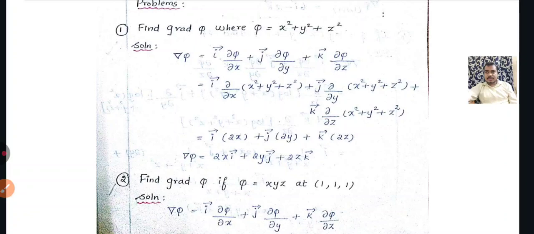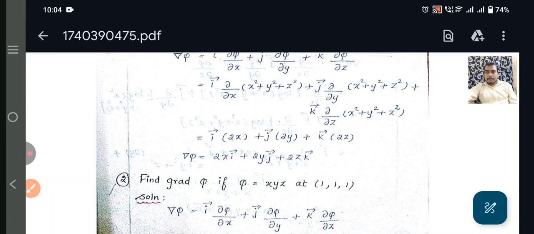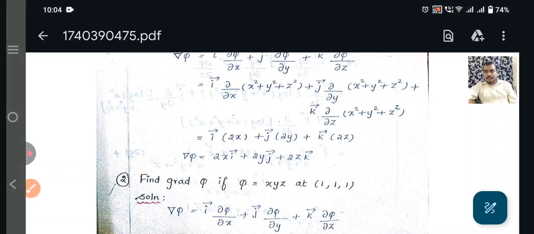Therefore, dou by dou x of x squared is 2x. Therefore, i into 2x plus j into the derivative of the second term with respect to y. Dou by dou y of y squared is 2y, and in the third term, k vector into dou by dou z of z squared is 2z. The remaining constants are 0. Therefore, del pi equals 2x i vector plus 2y j vector plus 2z k vector.